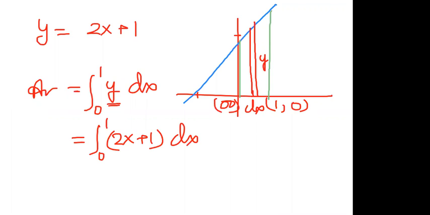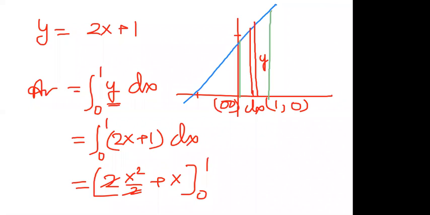Now its integral will be 2 times the integral of x, which is x square by 2, plus x, evaluated from 0 to 1. So it will give me 1 square plus 1, minus 0 square plus 0.